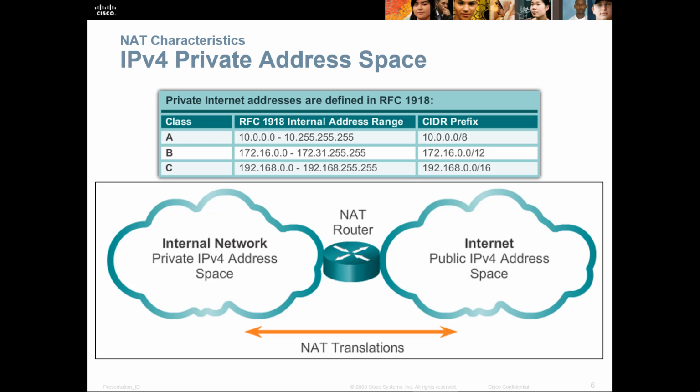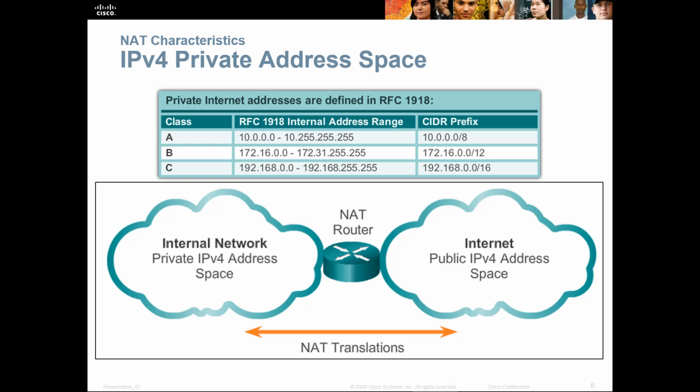So a NAT router allows us to take an internal network or private addresses and mask them through a NAT mechanism so that those addresses now become masked with the NATed address. So we can have one or a range of addresses that are public or internet routable, and we can mask our private addresses to one of those.